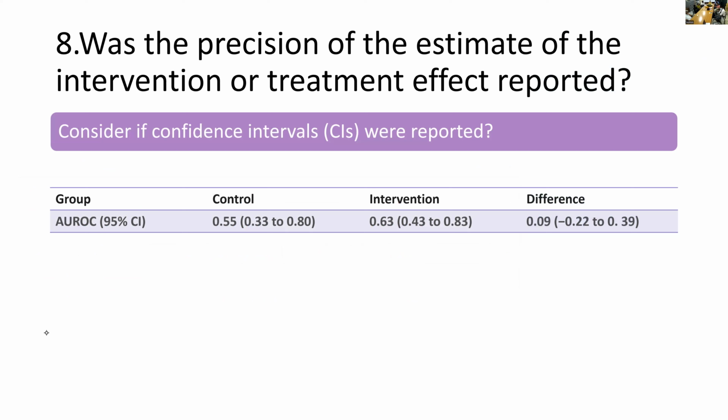The next question in the CASP checklist is about the confidence interval, which we already looked at. Finally, everything boils down to cost. If both are equal and one has slightly better quality of life, then it's the intervention.